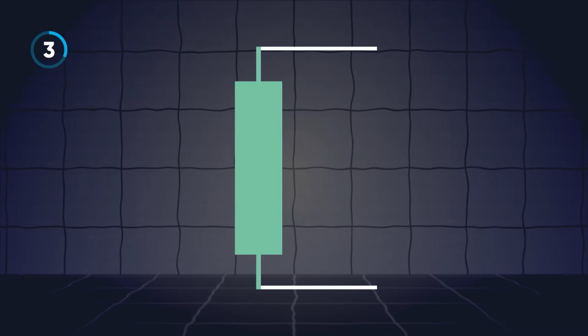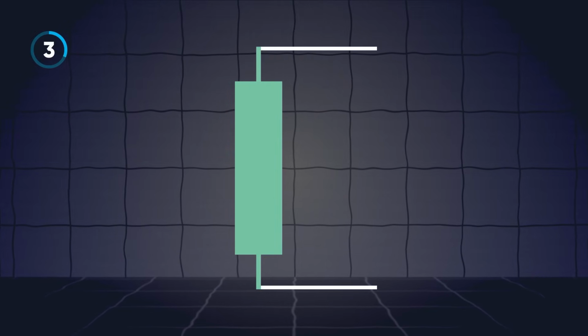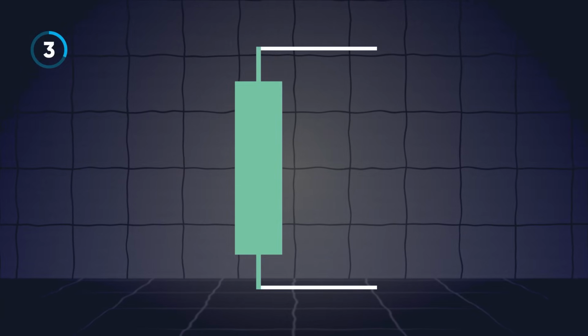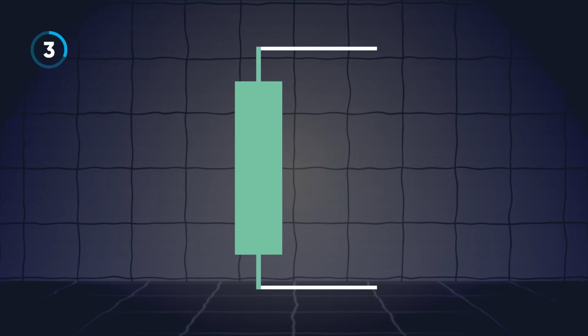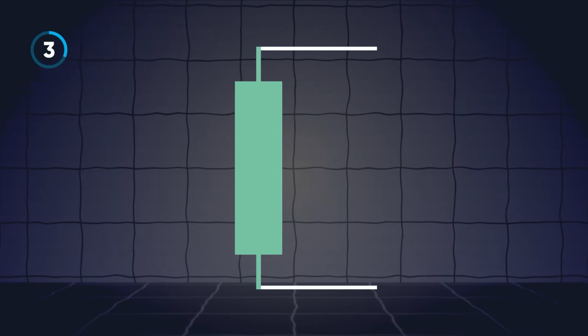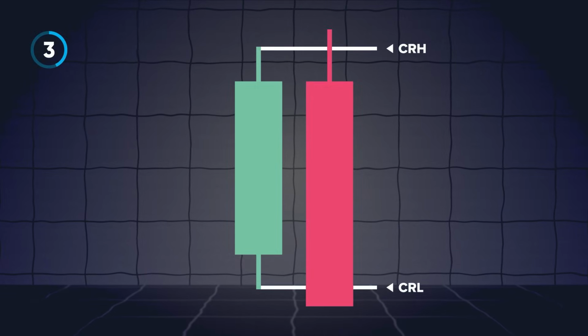This creates the perfect scenario to apply CRT to dissect this candle and understand what direction the market is more likely to take. And now with the candle's range high and low marked out, we know that if the next candle sweeps the range high, the probability increases that it will then seek the range low.